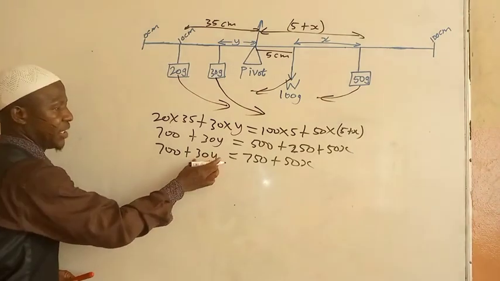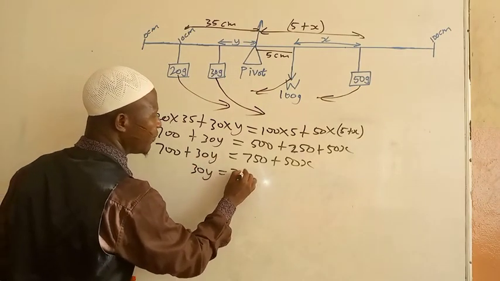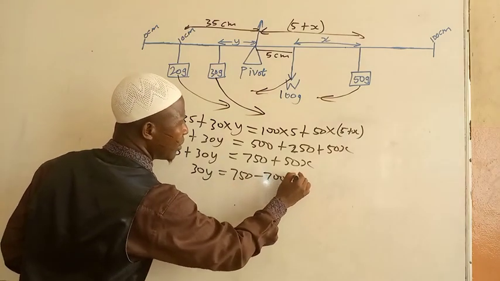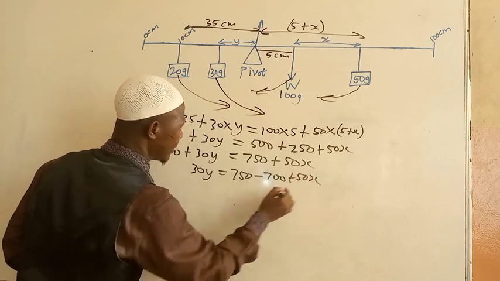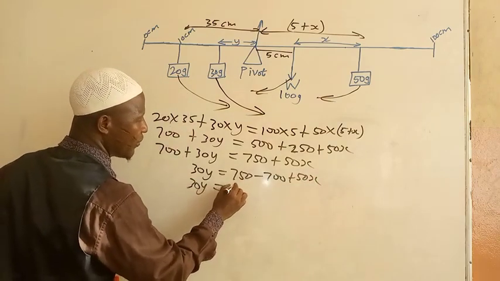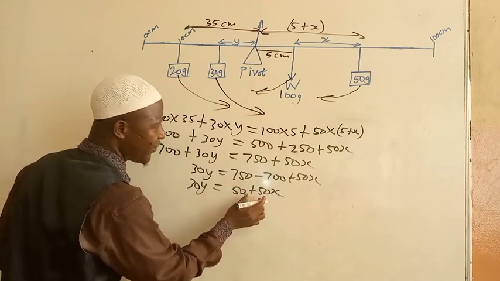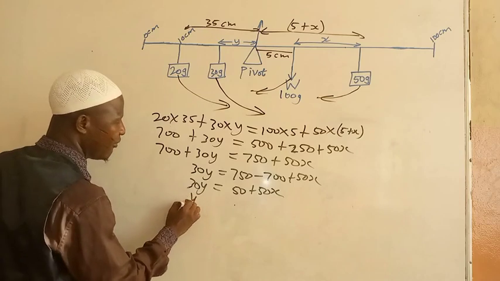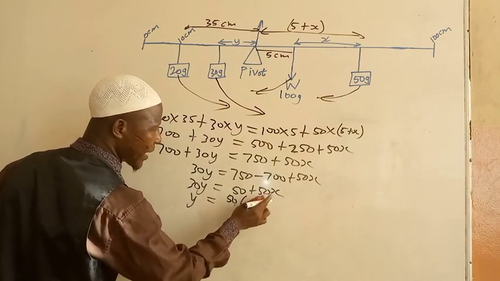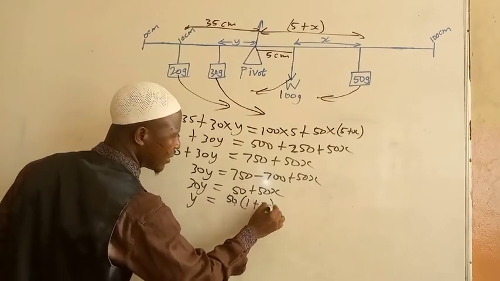Then make y the subject of the formula: 30y is equal to 750, carrying this 700 over, minus 700 plus 50x. Therefore 30y is equal to 50 plus 50x. Factor 50 out here, we have 30y is equal to 50 open bracket 1 plus x.